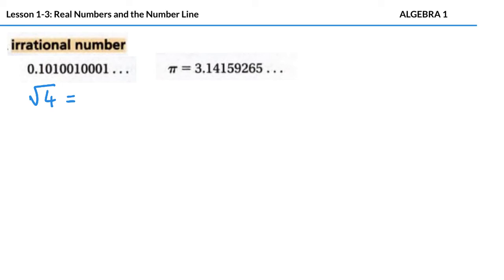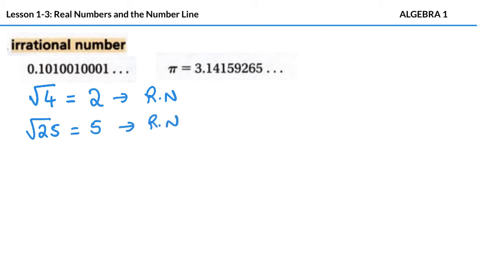It is a rational number because 4 is a perfect square. So the square root of 4 is 2. So this is a rational number. What about the square root of 25? Is it a rational number or an irrational number? It is a rational number because 25 is a perfect square and the square root of 25 is 5. So it is a rational number.